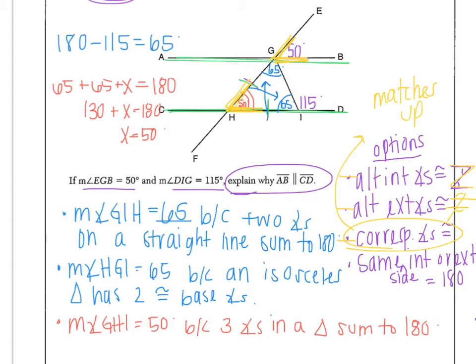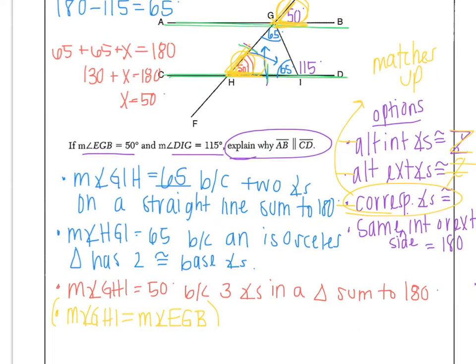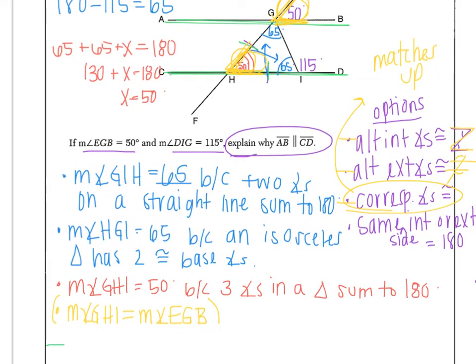And if I were to take this whole angle up here and plop it down here, it would be in the same position as it was originally. So the measure of angle GHI equals the measure of angle EGB. This is not really a necessary statement, but it tells us that we have congruent angles, which would then tell us that we have parallel lines.